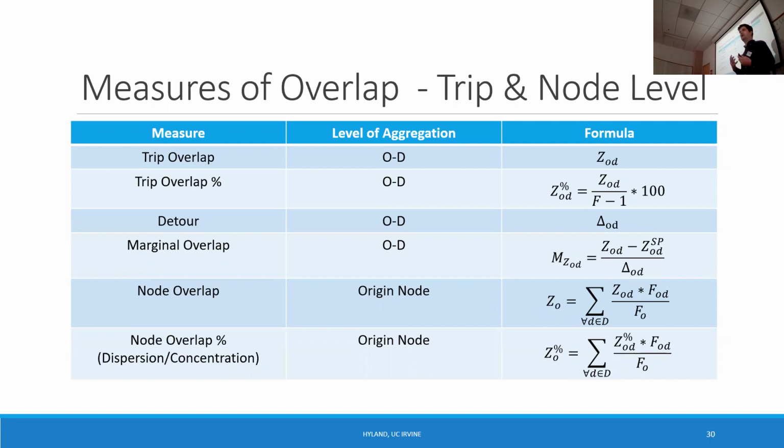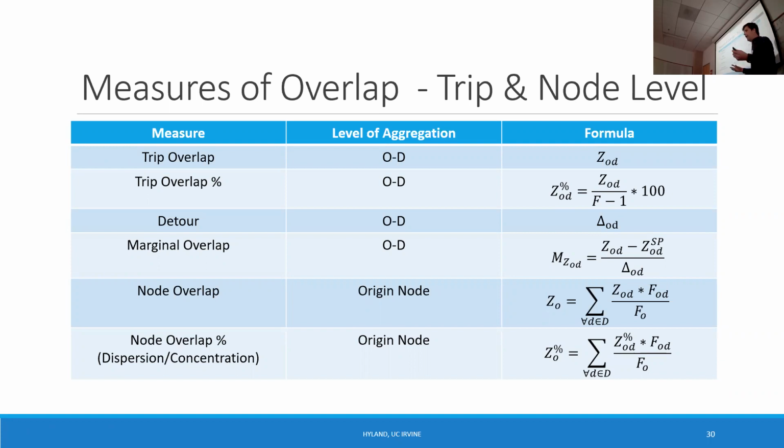Obviously, we're interested in the detour between an origin and destination pair associated with a particular path. We also capture the marginal overlap for a particular OD pair, right? So we have this ZOD-SP, which is the overlap if you just assign the travelers to their shortest path.